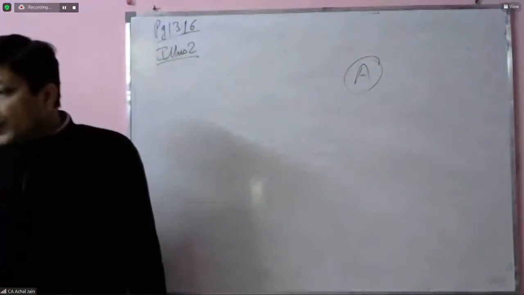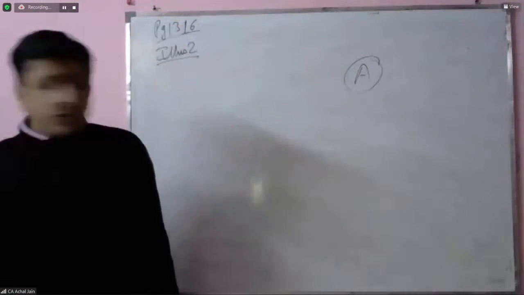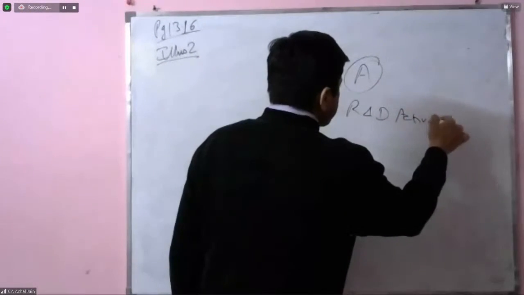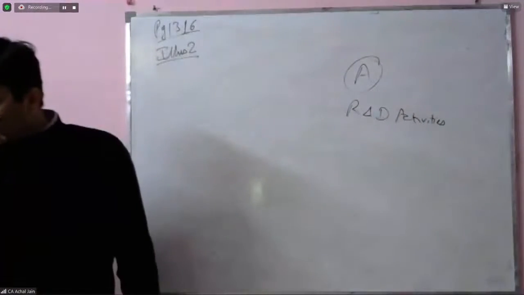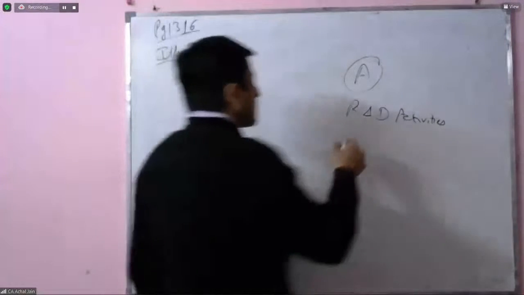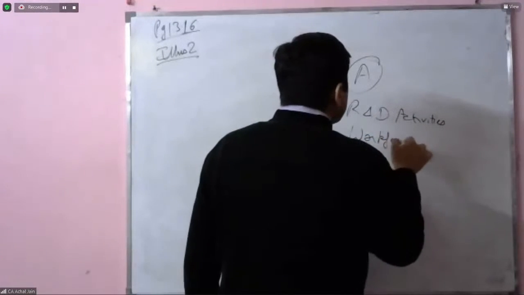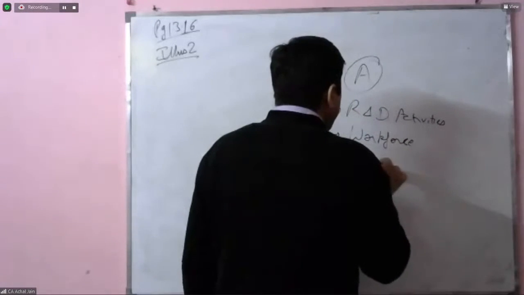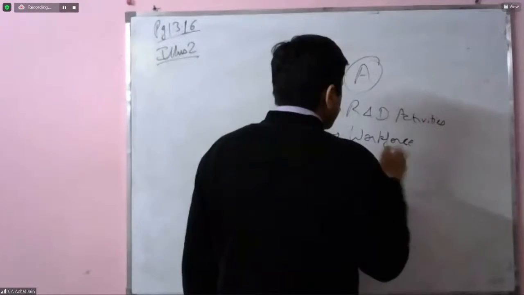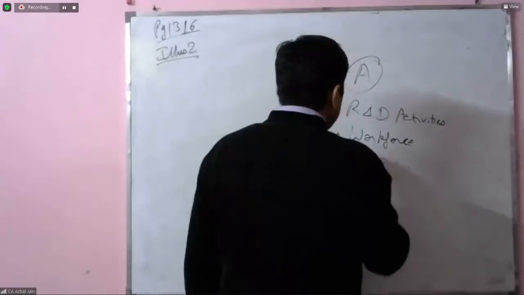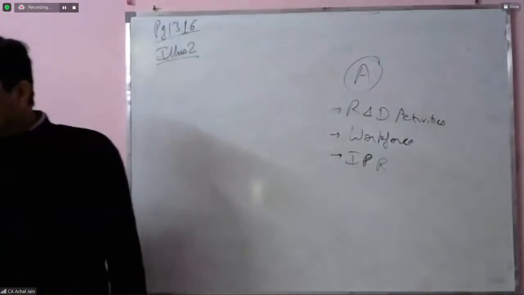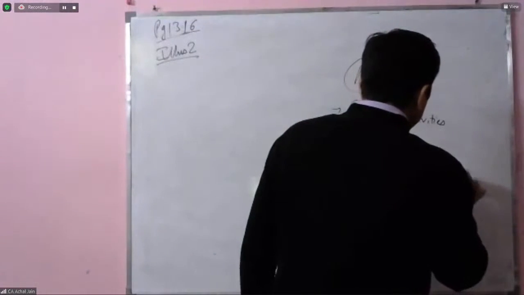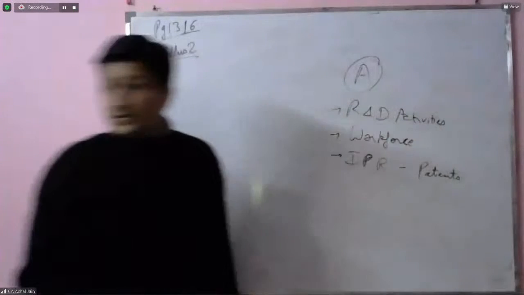Now, for A, we are saying they are doing some R&D activities. Number 1, they have a skilled workforce. They have also obtained IPR, intellectual property rights, that means patents.